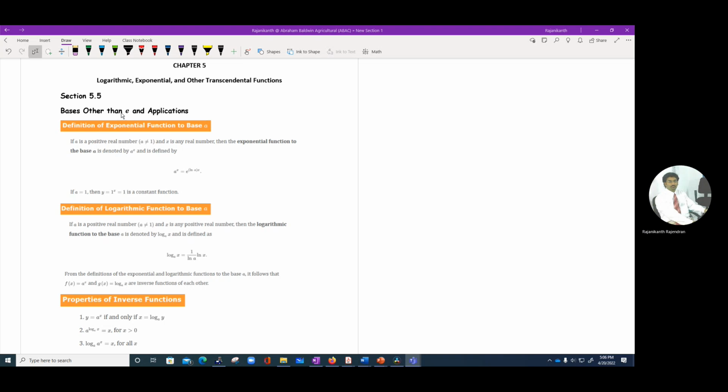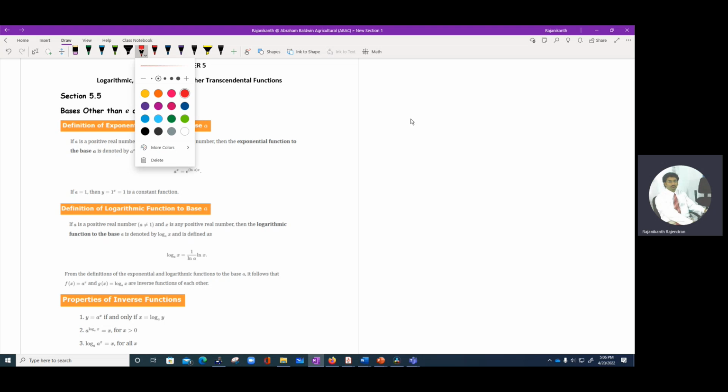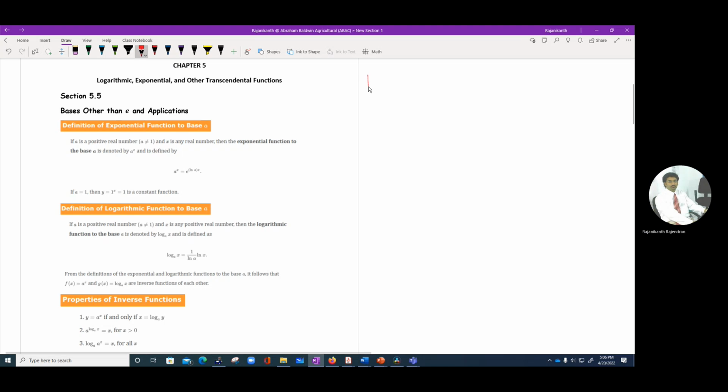Remember in earlier sections 5.1, 5.2, and 5.4, we learned about finding derivatives with base e.